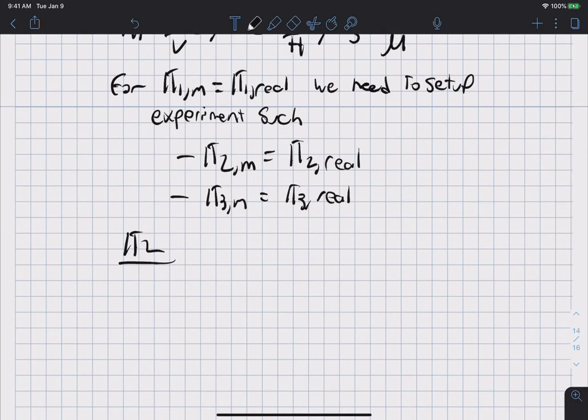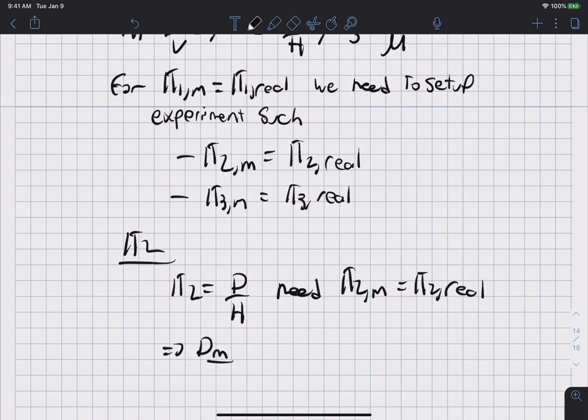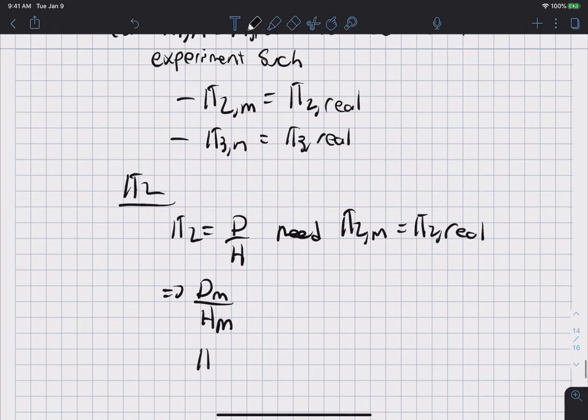and so pi 2 equals d over h, and we need pi 2 for the model equal pi 2 for the real object. So this implies that d of the model over h of the model, which is pi 2 of the model, is equal to d over h, which is pi 2 of the real object.